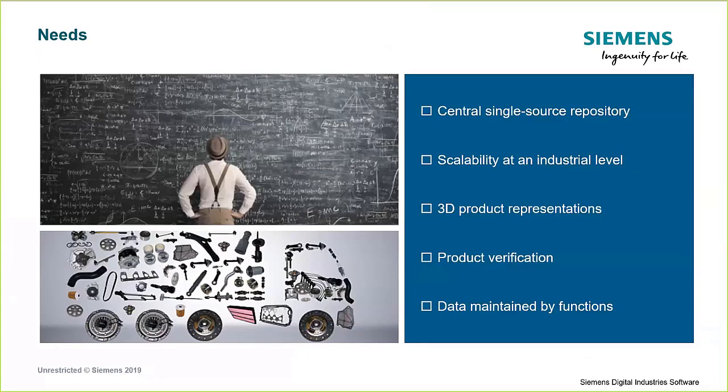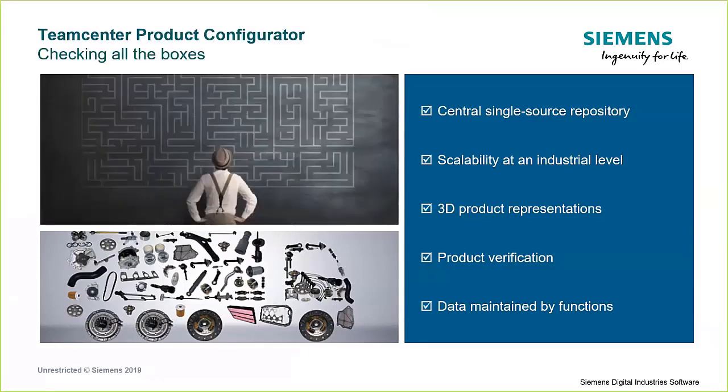All right, so earlier I put up this need slide. It said if you're looking for something, here are some of the things you need from a variability management standpoint. And so Teamcenter Product Configurator more or less checks all those boxes. So addressing the ever-increasing pressure to offer greater choice and variety in the products to meet customer expectations, Teamcenter Product Configurator enables manufacturers to specialize a product to their specific needs, using that CTO, that configured order approach, which brings product specialization closer to the customer.